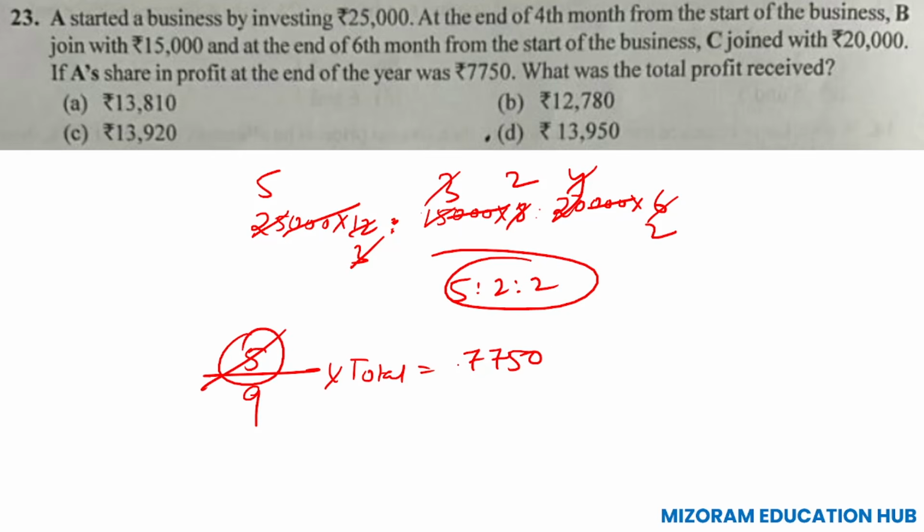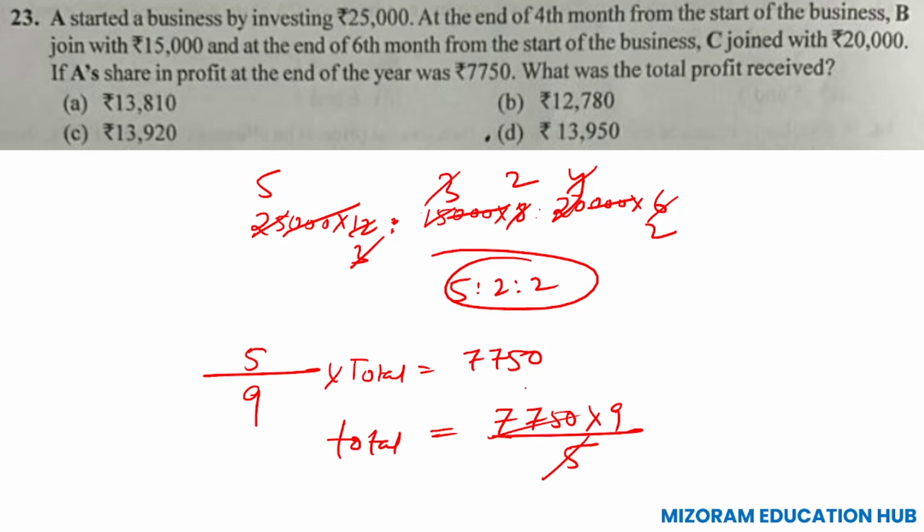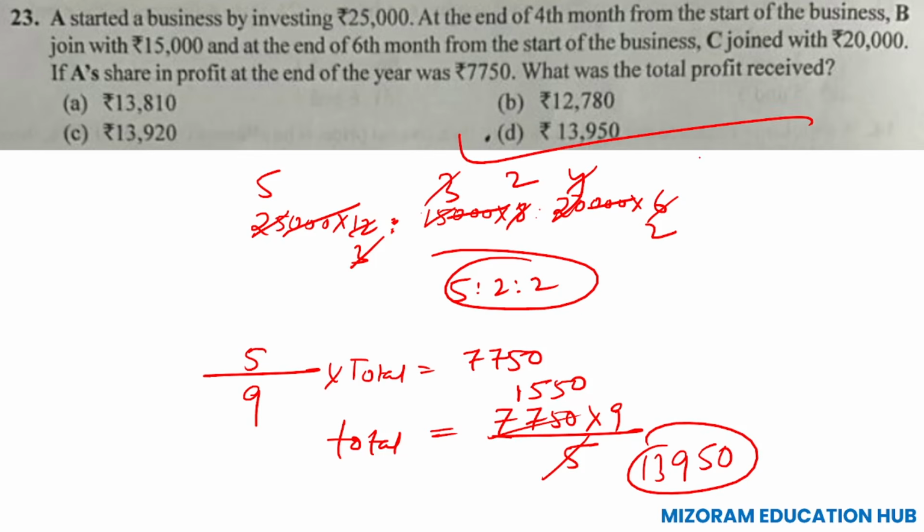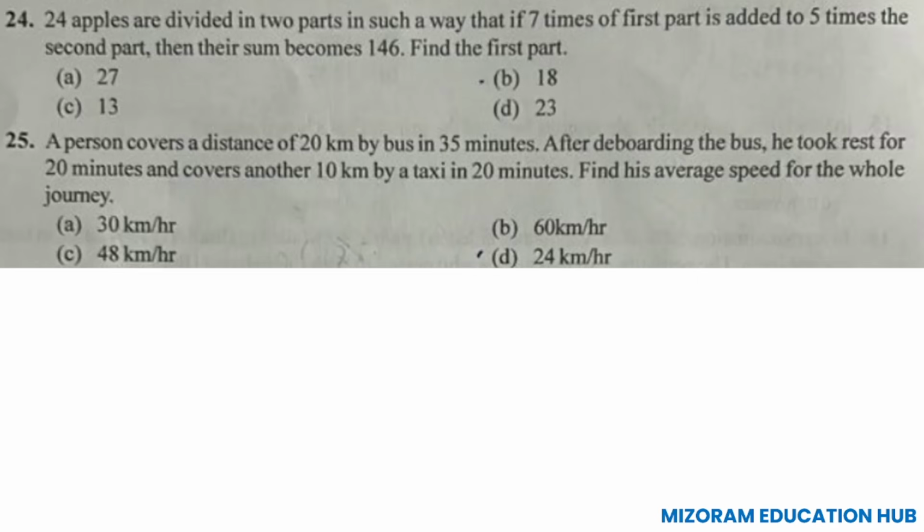So total is equal to 7750 into 9 by 5. Cancel 5: 1550 into 9 will be 13950. So 13950 is the correct answer.